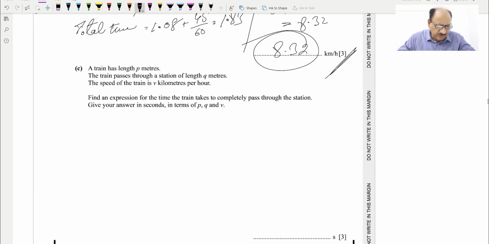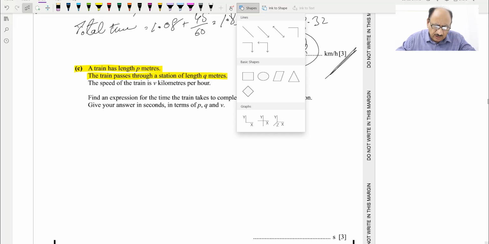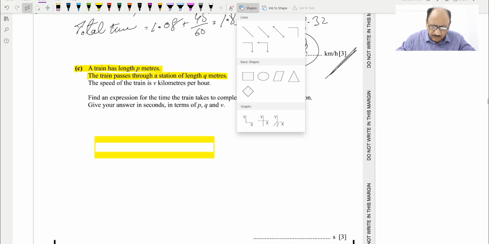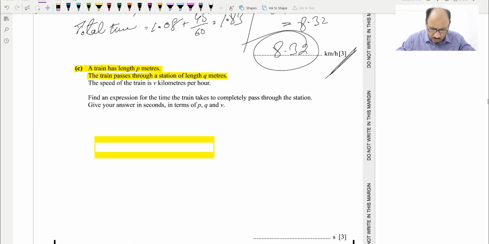Now for C part says a train has length of p meters and the train passes through a station of length q meters. So if we consider, for example, say this one is the train, and the next one is the station, exactly here.